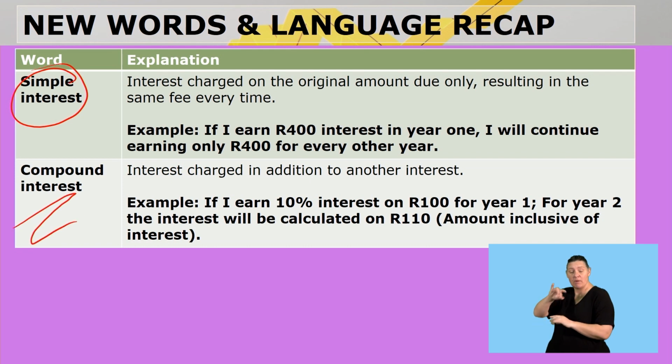Compound interest is interest charged in addition to another interest. Example, if I earn 10% interest on 100 Rand for year 1, for year 2, the interest will be calculated on 110 Rand, the amount inclusive of interest.